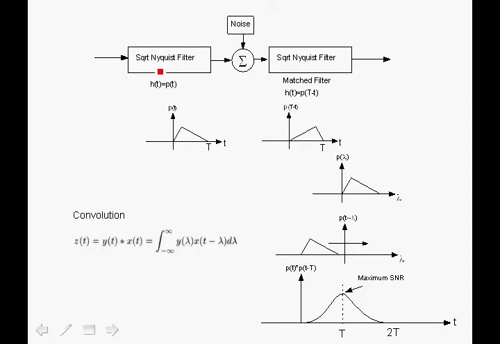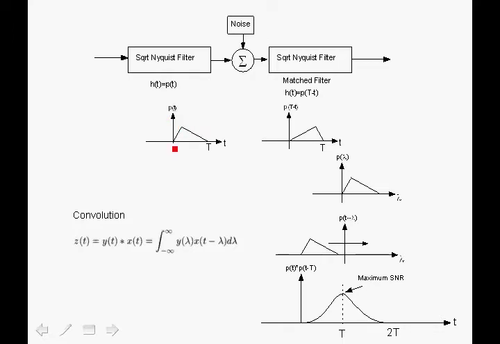If the impulse response of the transmit filter is h(t) = p(t), then the impulse response of the matched filter is h(t) = p(T - t). And just for illustration purposes, here we show a pulse shape for p(t).